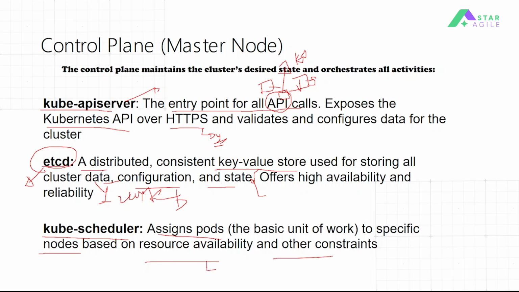So like I said, the scheduler will first check the worker node for the availability of resources, what is the availability of RAM there, or what is the availability of storage options and all. Based on that only, Kube scheduler will schedule the pod creation in that particular worker node.